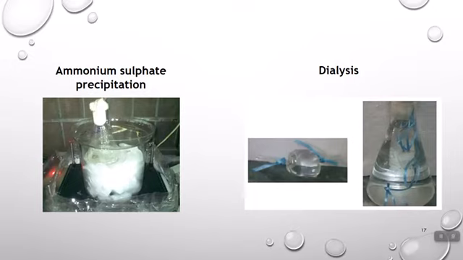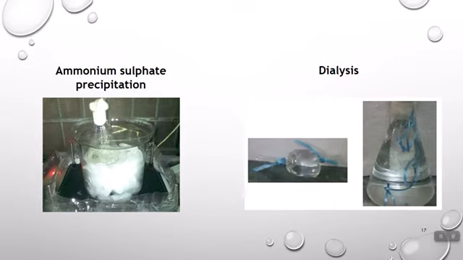Then the media were incubated for 24 hours at 35 degrees in a shaker incubator. After that, they were centrifuged at 8,000 rpm for 20 minutes at 4 degrees, and 50 milliliters of the cell-free supernatants were used as crude enzymes for the following stages of concentration and purification.